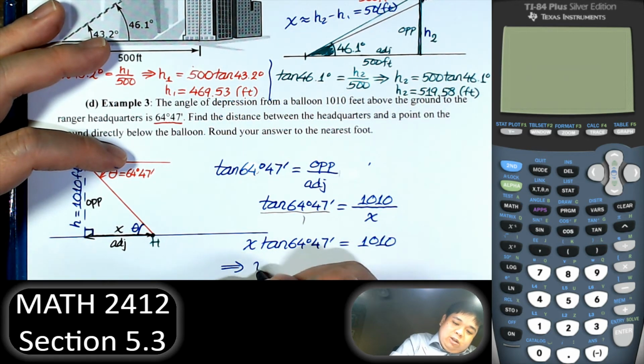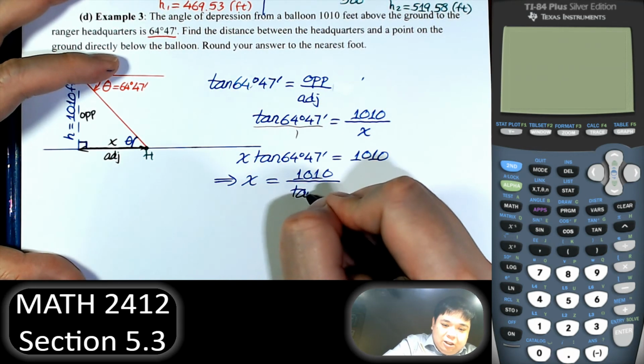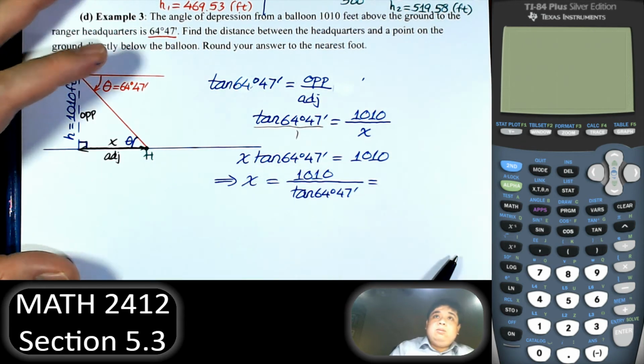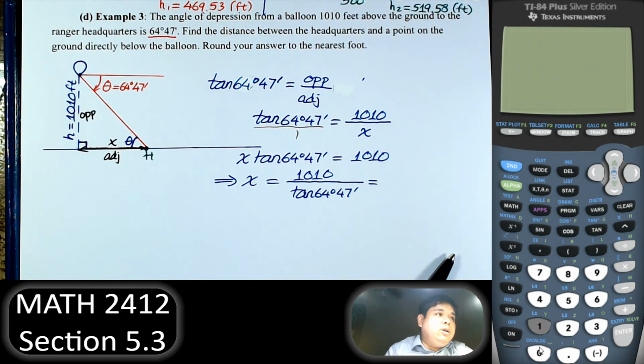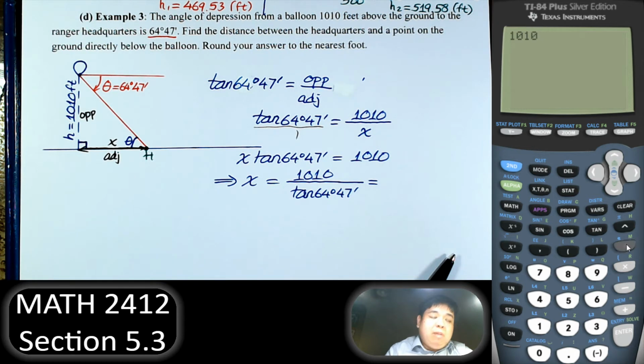So to solve for x, we have 1,010 divided by tangent of 64 degrees 47 minutes. Right, it is in degree mode. So if we want to enter degrees, minutes, and seconds, hit second apps.